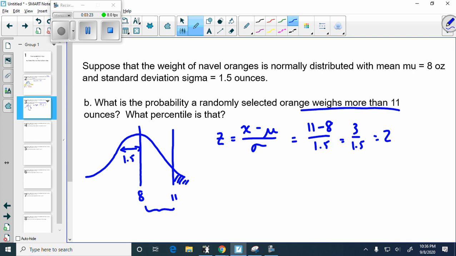Telling me that 11 is 2 standard deviations above the mean, or if I change this to a 0, this is actually 2 standard deviations above the mean.